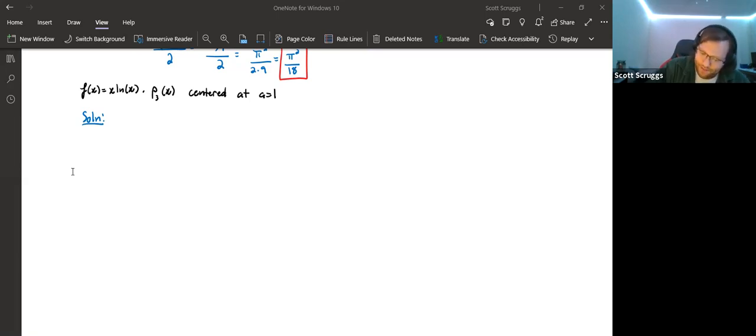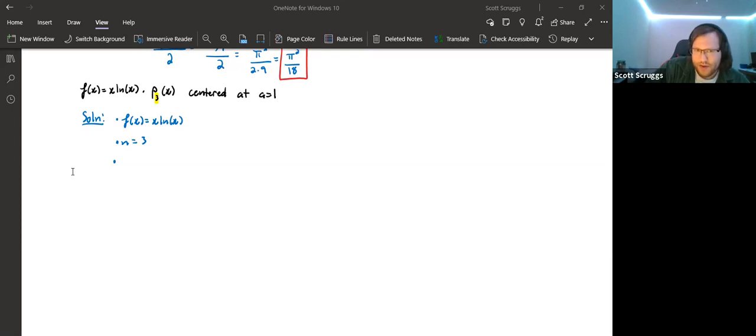So let's do that. First, let's do bookkeeping. Strike down f of x. Here, you're told that we have the third order Taylor polynomial, which tells me that n in this case will be 3.